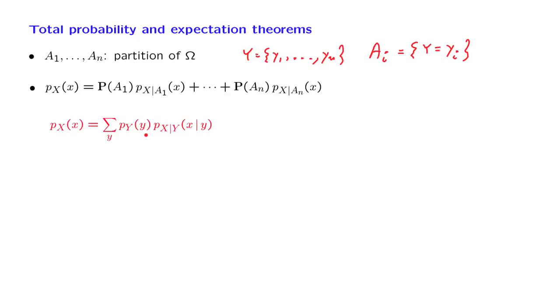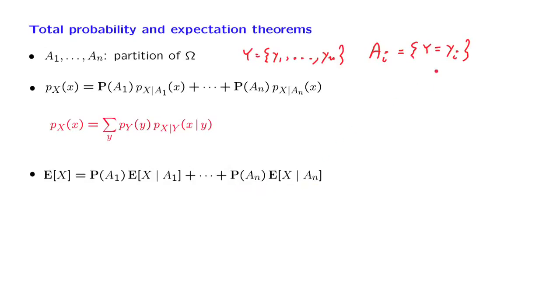The story with the total expectation theorem is similar. We know that an expectation can be found by taking the conditional expectations under each one of the scenarios and weighing them according to the probabilities of the different scenarios.